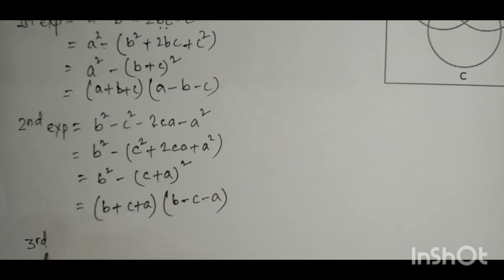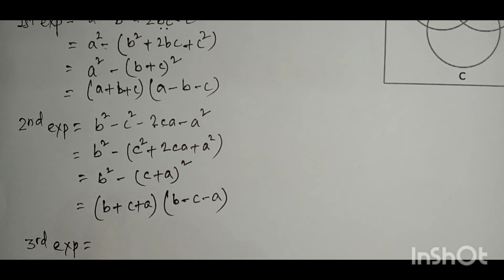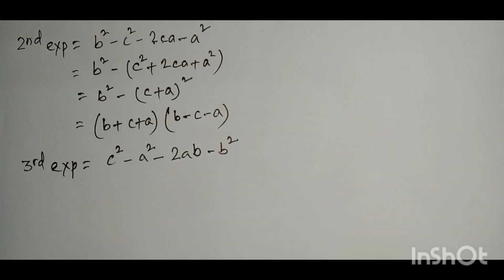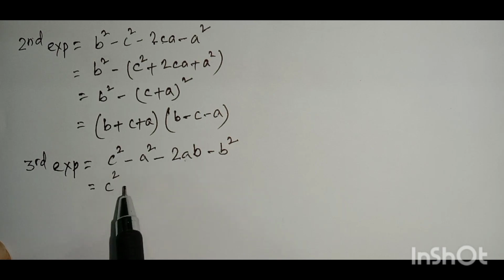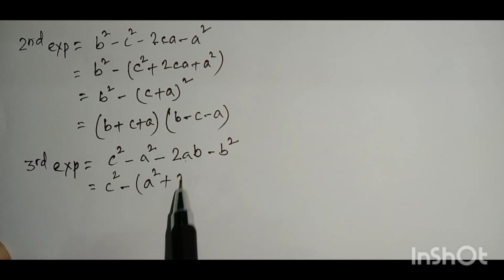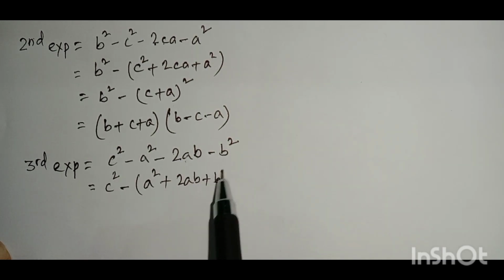My third expression is c square minus a square minus 2ab minus b square. Here I see that a and b is with 2, so I'm going to group the variables a and b, equal to c square minus (a square plus 2ab plus b square).